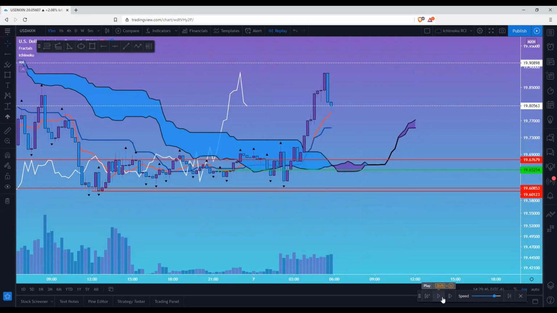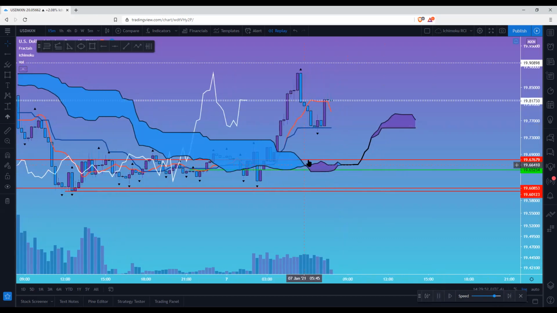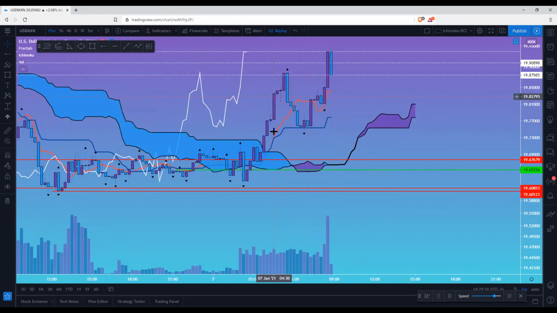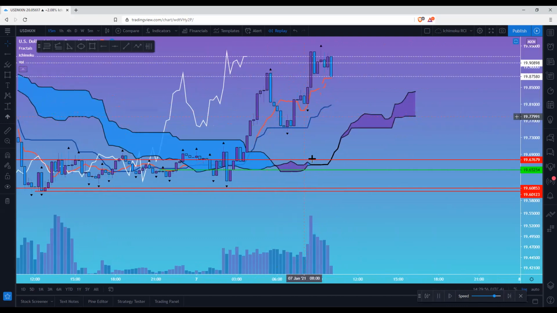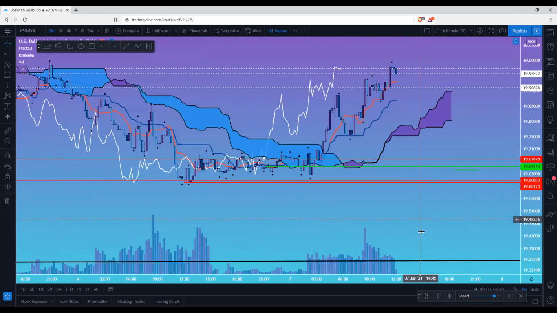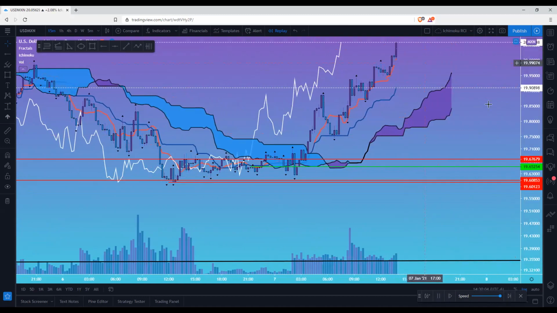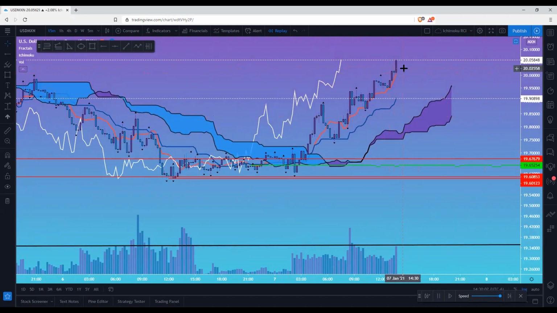And the crazy thing, the market's still going up right now as we speak. So if I play this, let me speed this up. We got a key June bounce right there. And this was a bearish Kumo twist right here, but we see that end up going higher.